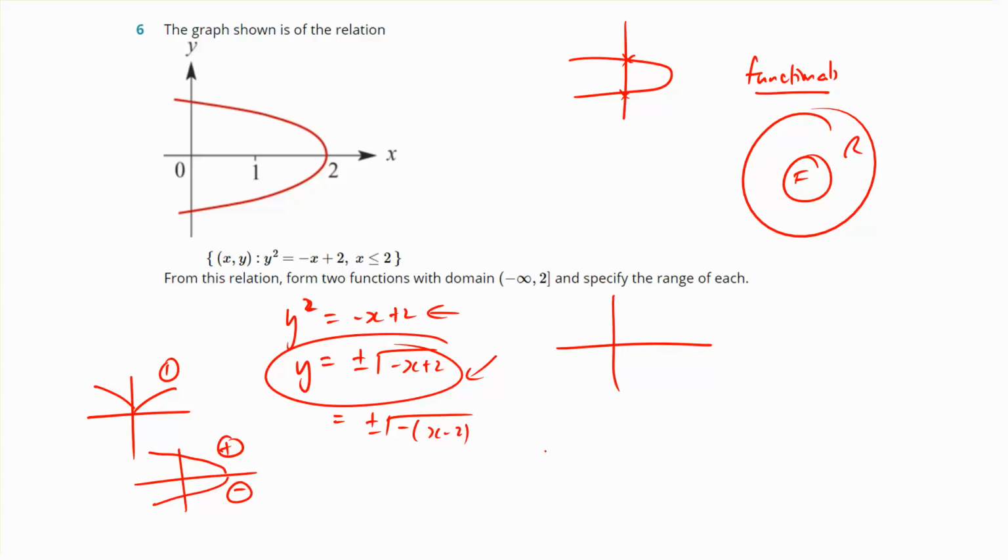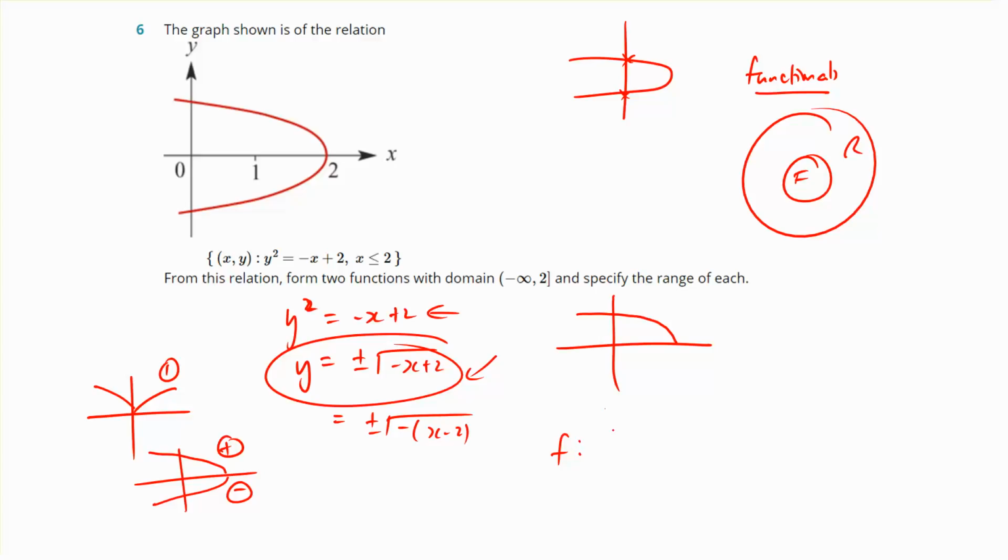Essentially it's asking you to form two functions with that domain. I can write the first function as f, and the first graph is going to look like this.